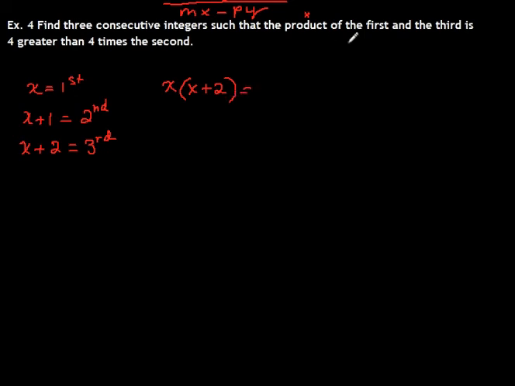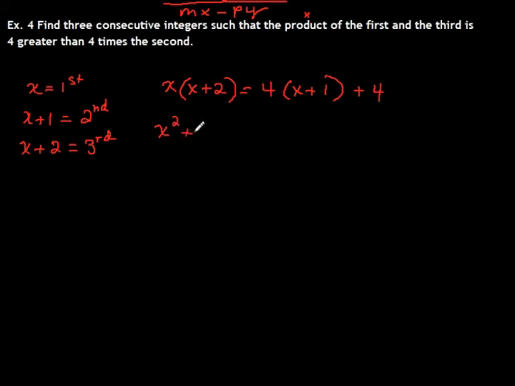Okay, 4 times the second would be 4 times the second, and it's 4 greater. So I like to add that on. They subtract off the 4 from this side, so you can do whatever you would like to do. Is 4 greater than 4 times the second. So then you just multiply this out.